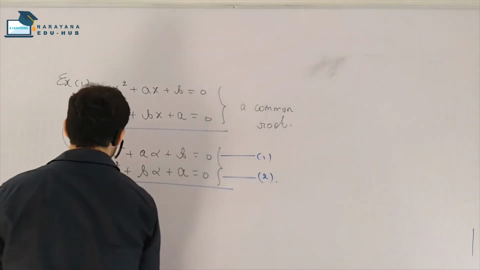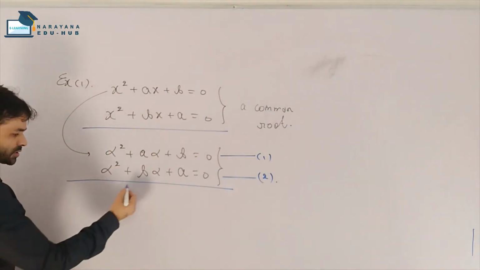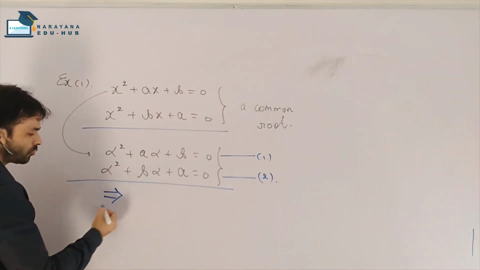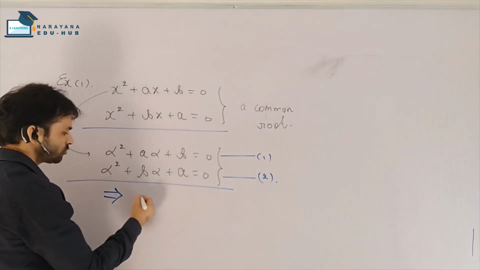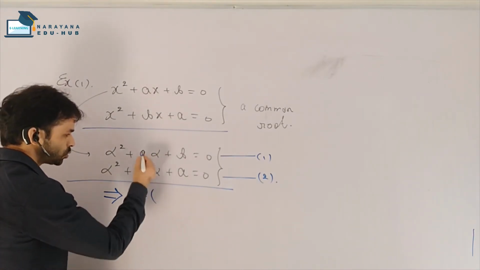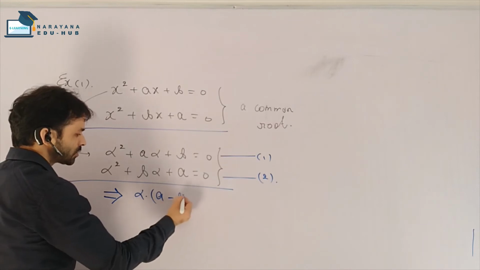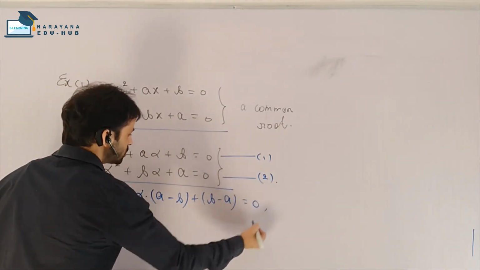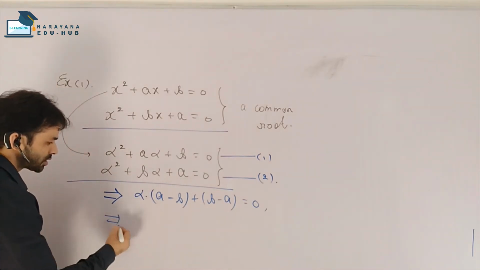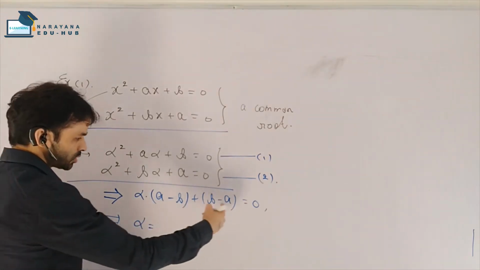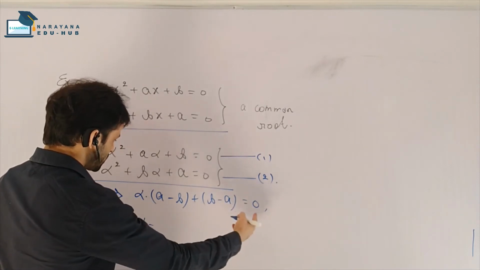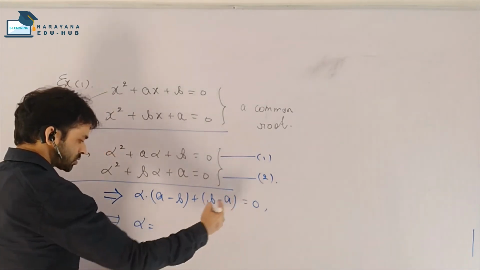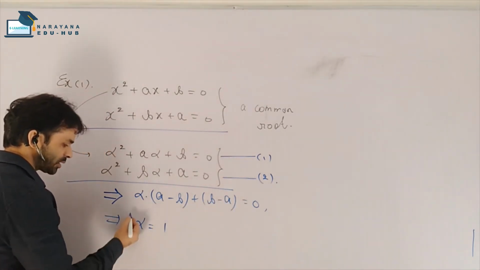So what will you get? The alpha square will cancel out. You will get alpha into (a minus b) plus (b minus a) equal to 0. From this, alpha is equal to (a minus b) divided by (a minus b), which means 1.